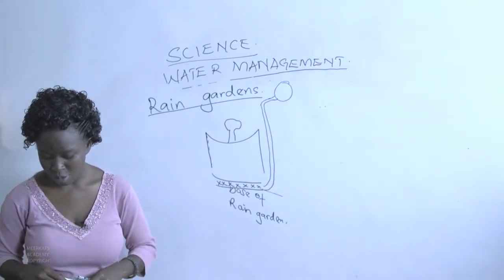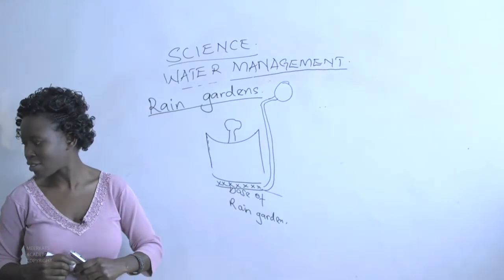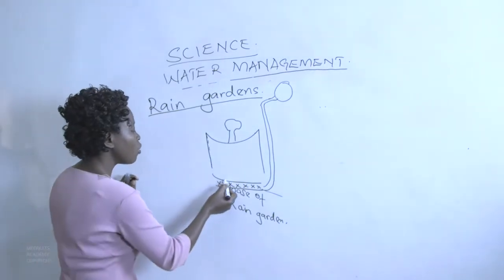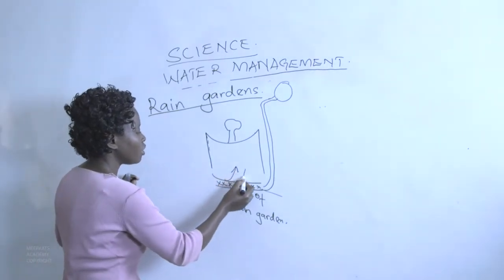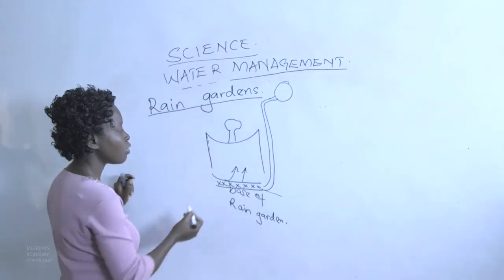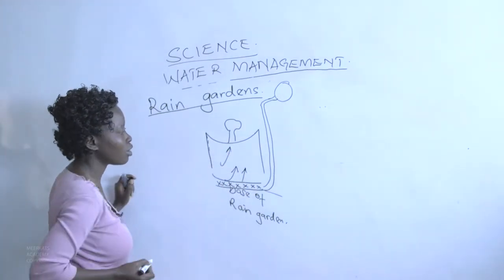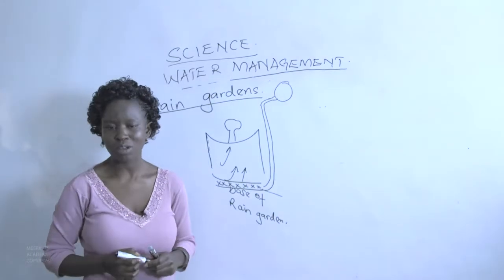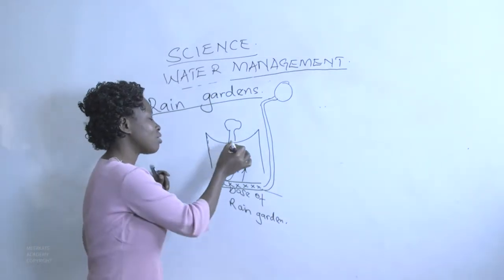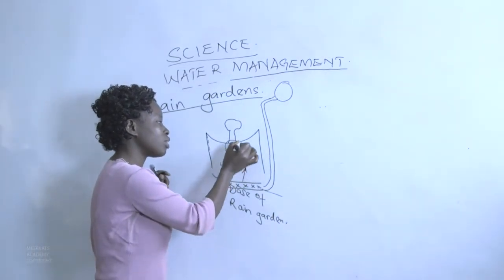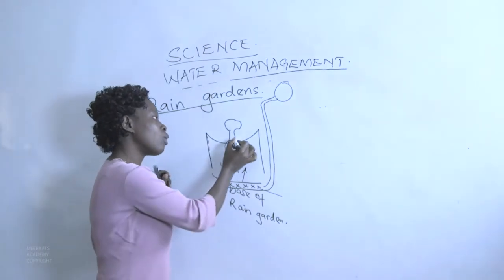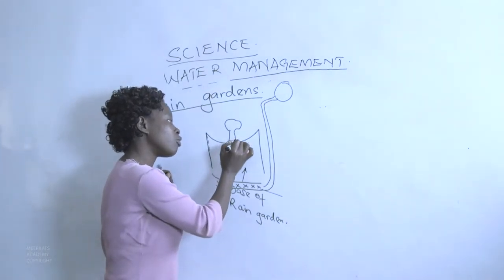And once it has been filtered, the water will be used for activities in that given garden. The plants that are available in that garden will pick up the water from the roots.